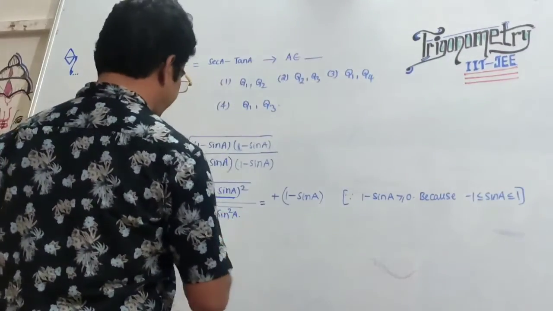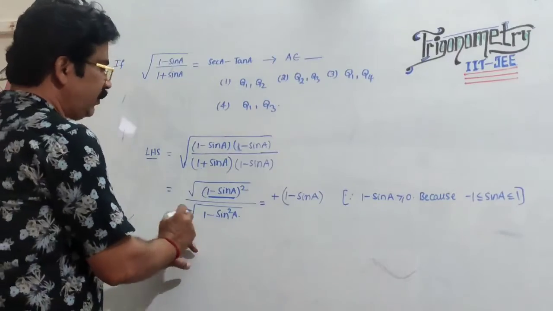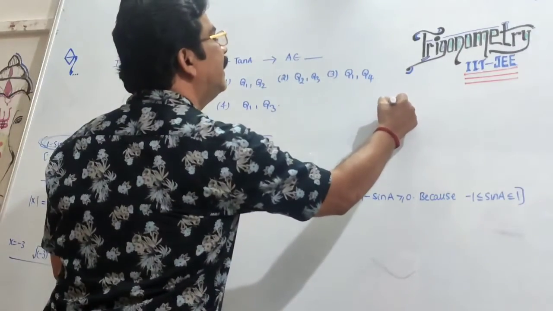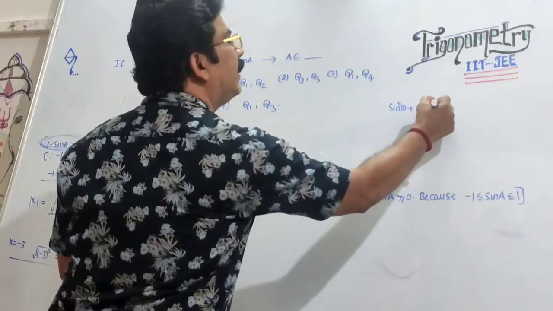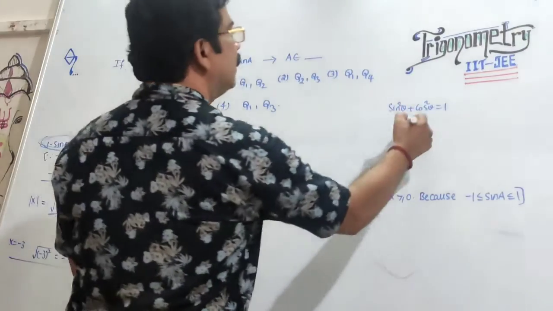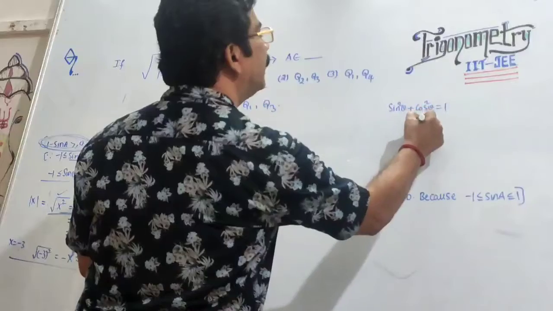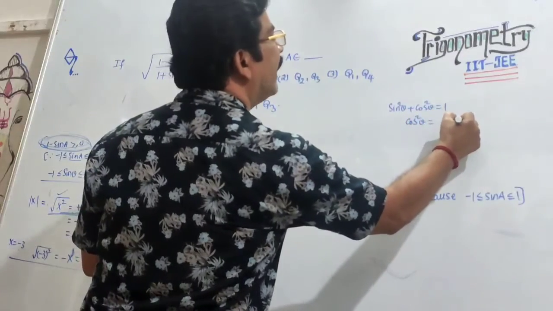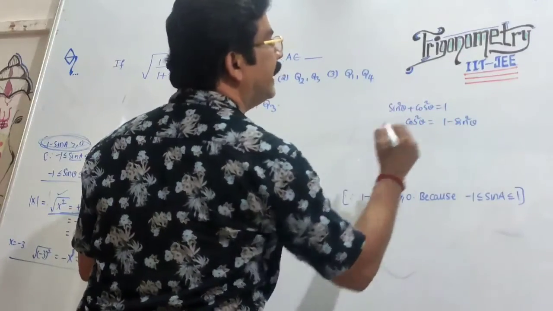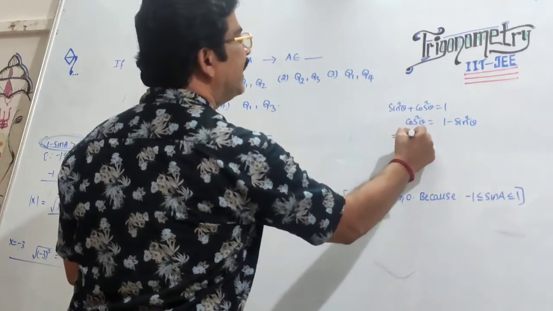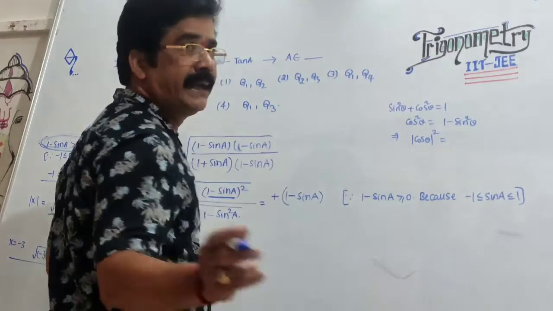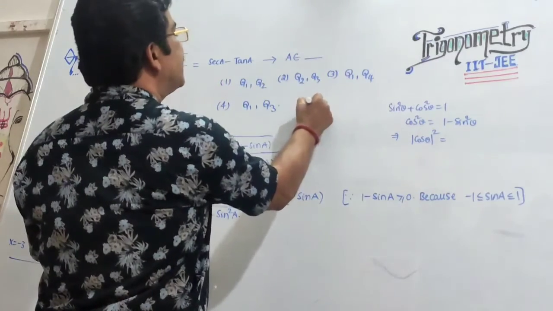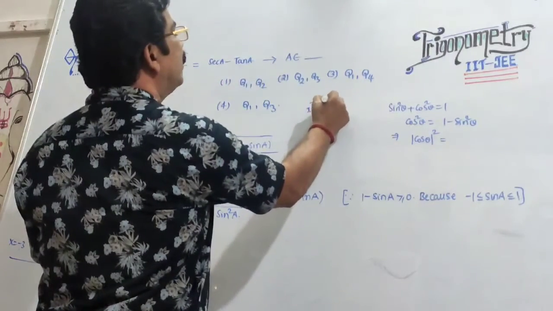Next, come to the denominator. Actually, what I said, sin square theta plus cos square theta is equal to 1. So therefore, cos square theta is equal to 1 minus sin square theta. But this can be written as modulus of cos theta whole square. Already I said x square is same as modulus of x whole square.